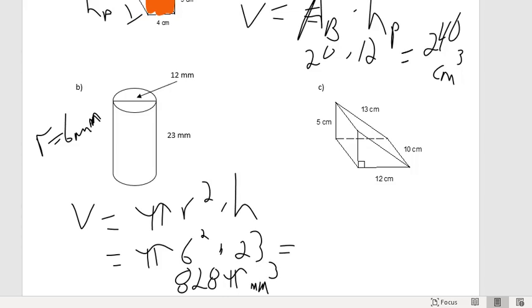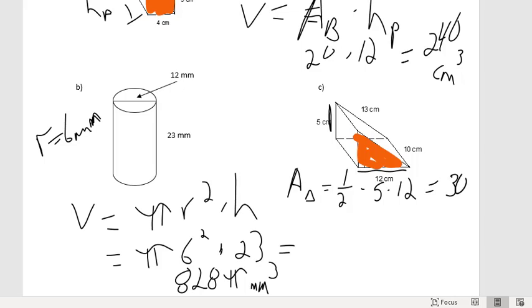And the last one, we have a triangle. So our base is this triangle, so find the area of that triangle. The area of the triangle is 1/2 times the base, which would be 5, times the height, which would be 12, which gives us 5 times 12 is 60, times 1/2 is 30 centimeters squared.